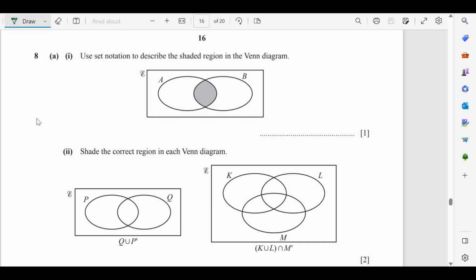Now, as we know that this portion is the shaded region, A intersection B will be the final answer. Shade the correct region in each Venn diagram.